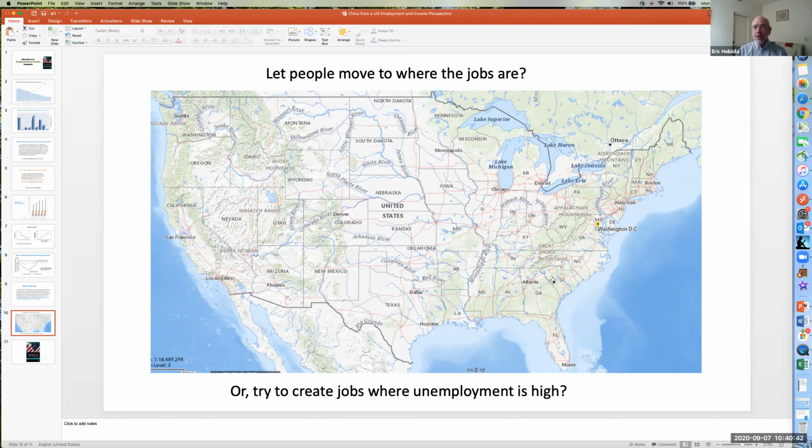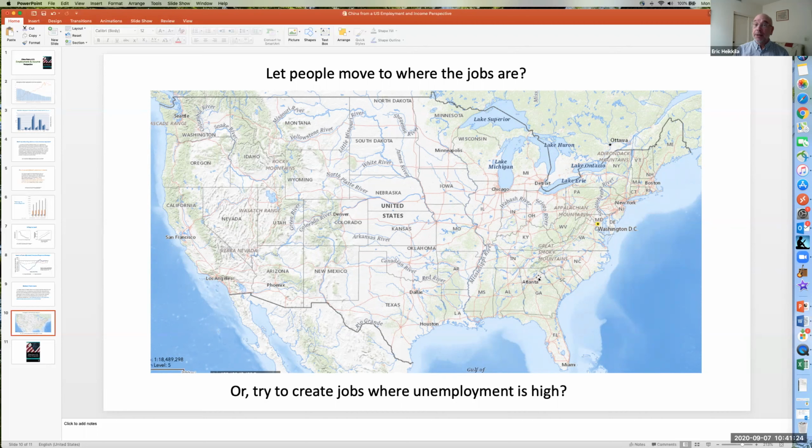And this question of whether one should be looking at moving people to where the jobs are or trying to create jobs where unemployment is high is a policy area that deserves more well-rounded attention. And the answer is going to depend on how feasible it is to create jobs where unemployment is high. Perhaps the factors that contribute to employment and growth simply are not in place in every location.